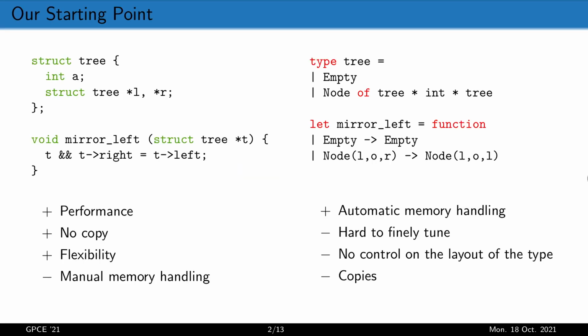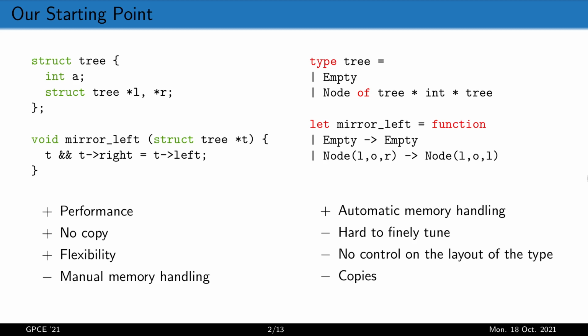So here we are. We noticed that when we need to write a transformation on a data structure, we can either use a low-level language like C and have control over performance and how copies are done. But if we use high-level languages, we have a domain-specific language to manipulate types with pattern matching.